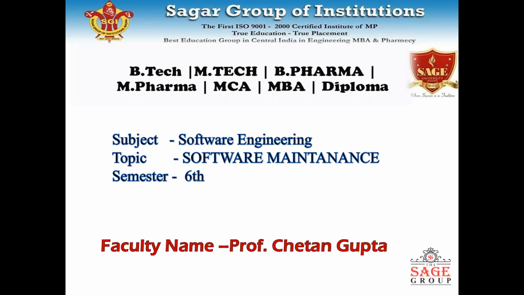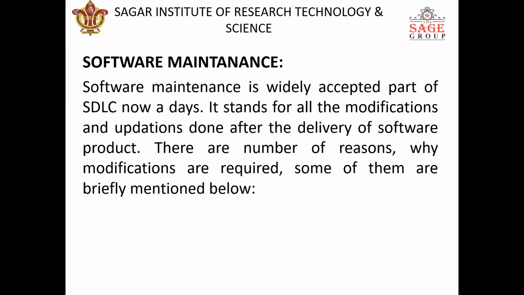Today, I am going to take this session on the subject software engineering, and today we are going to discuss the topic that is software maintenance. Now, what is software maintenance?